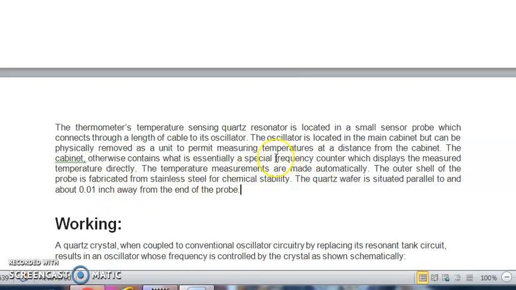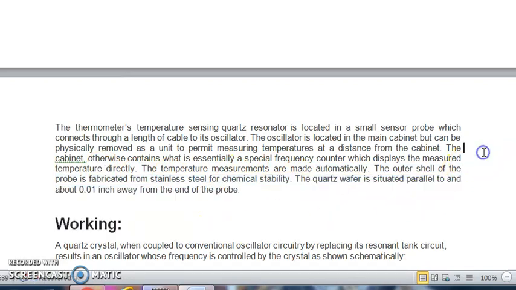The frequency counting is in terms of temperature. The digital meter will display the temperature directly because the frequency counter is calibrated in terms of temperature. The temperature measurements are made automatically.